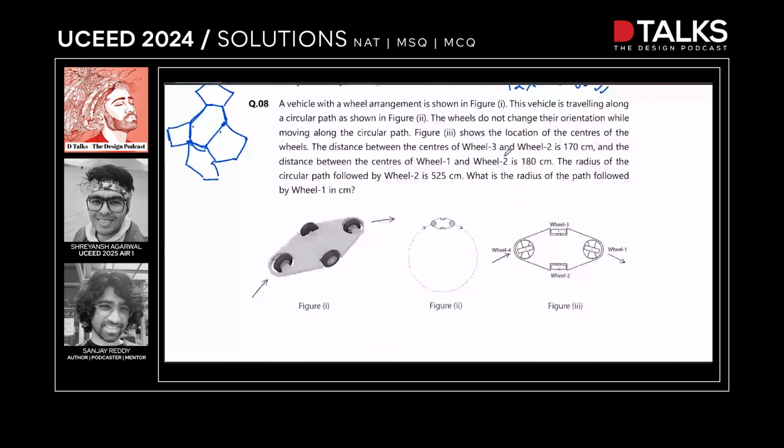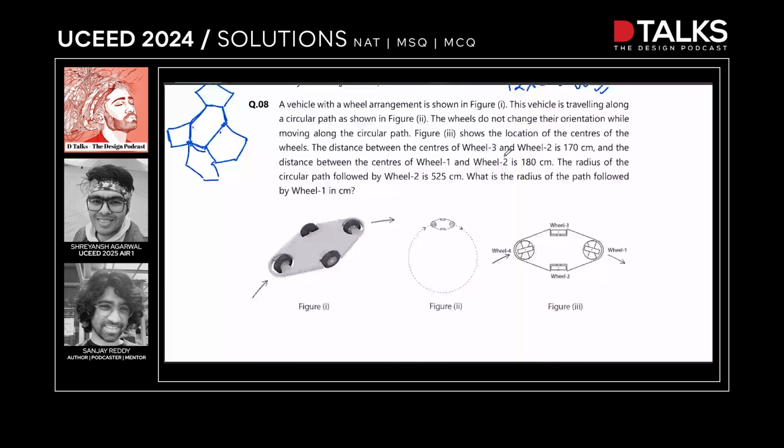Question number 8. A vehicle with a wheel arrangement is shown in figure 1. This vehicle is traveling along a circular path as shown in figure 2. The wheels do not change their orientation while moving along a circular path. Figure 3 shows the location of the centers of the wheels.